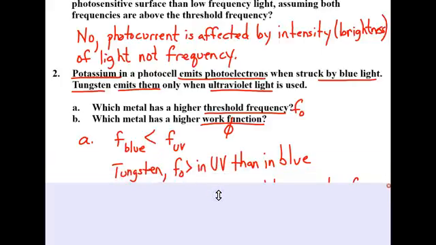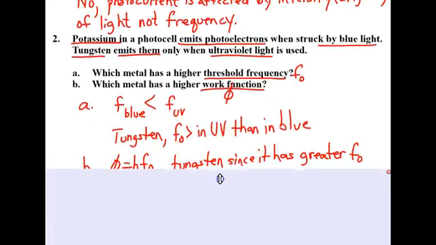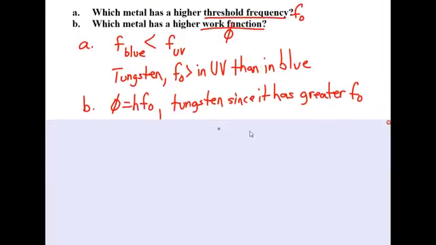So tungsten, because its threshold frequency is greater in ultraviolet than in blue. Since phi, the work function, is calculated by h times the threshold frequency, the answer for B is also tungsten. Because it has a higher threshold frequency, it also will have a higher work function.